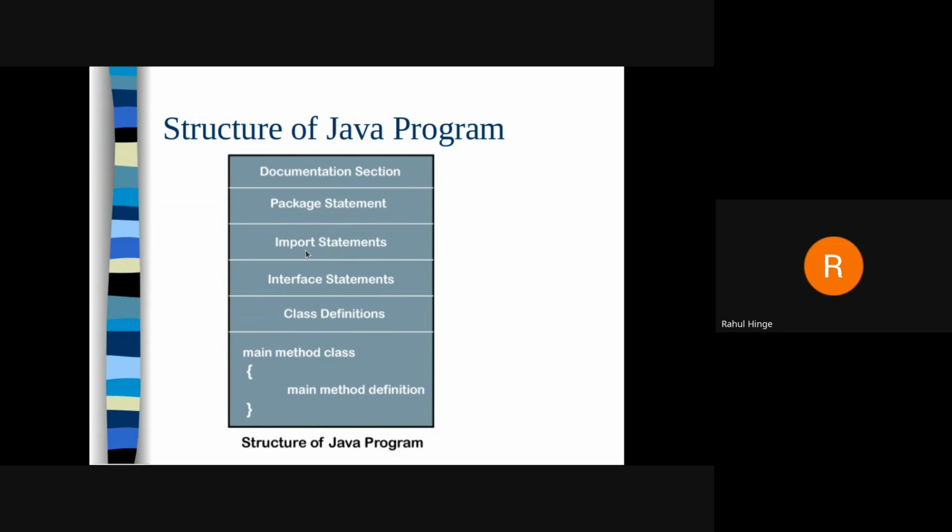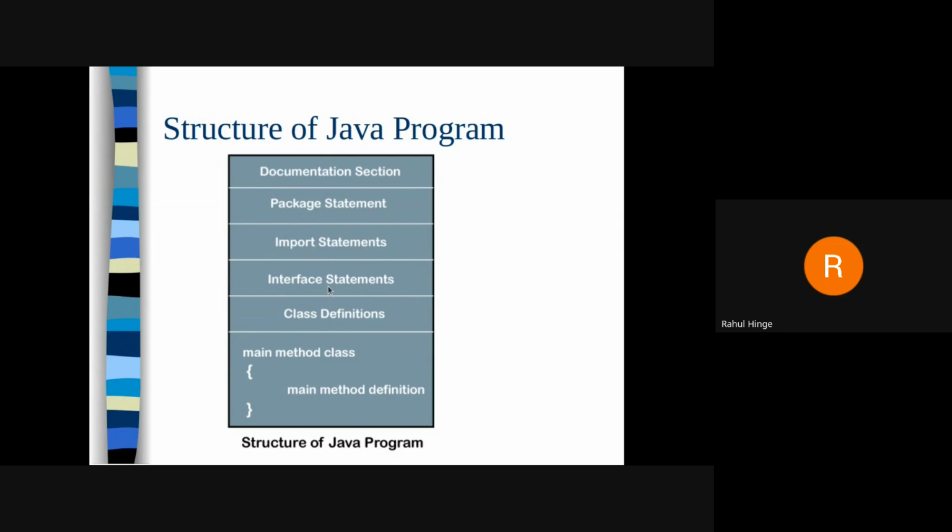In yesterday's program we didn't import anything. While writing code, some of the functionality or methods we need to import from the existing JDK library. To use those things, we need to use import statements. I'll demonstrate what the import statements are.